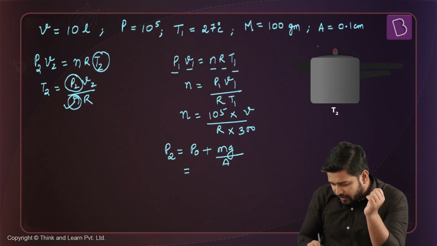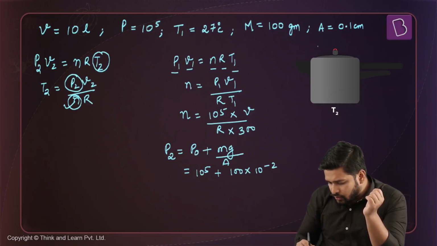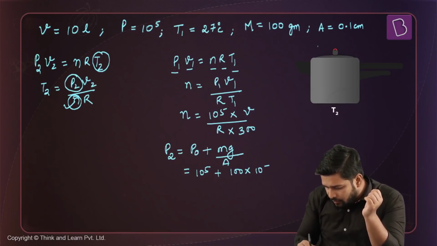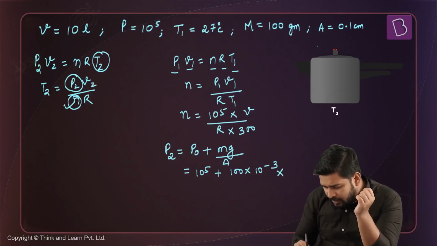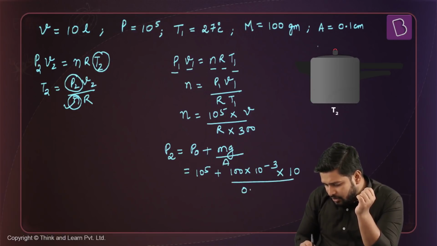So if I put the value, that will be 10 to the power 5 plus mass, which is given to us as 100 grams. So I can write it as 100 into 10 to the power minus 3, into acceleration due to gravity, that's 10, and the area is given as 0.1 centimeter square, so that will be 0.1 into 10 to the power minus 4.